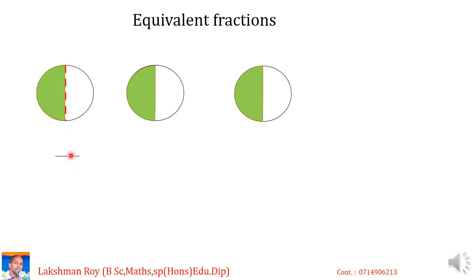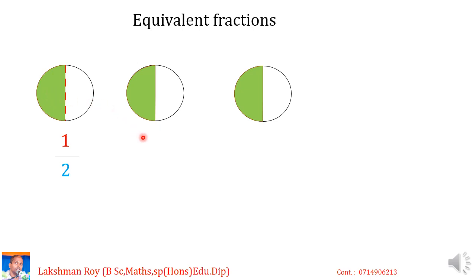You need a line and two numbers. The number of parts divided is 2, so that is the denominator. The colored part is 1, that is the numerator. So the colored part as a fraction is half. This half represents this colored portion.